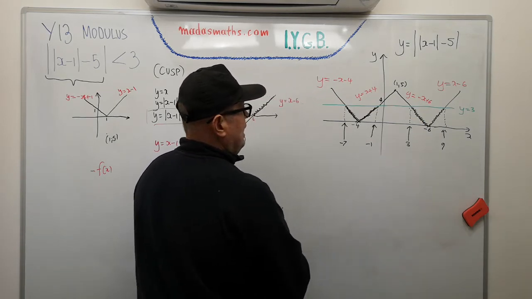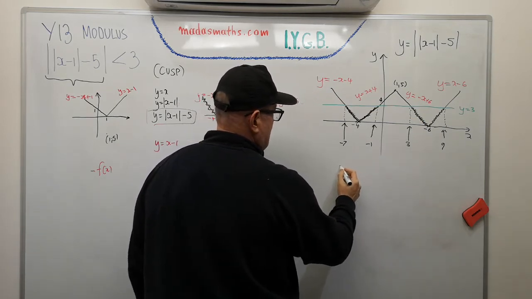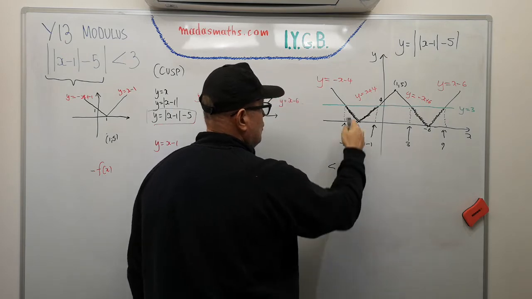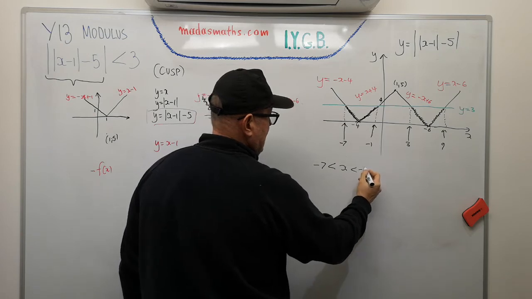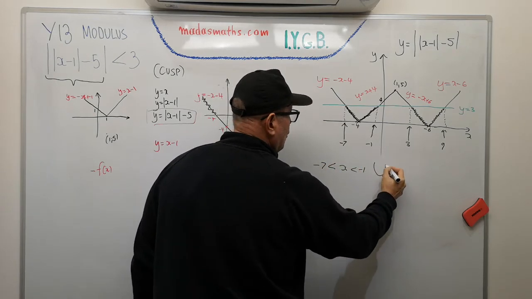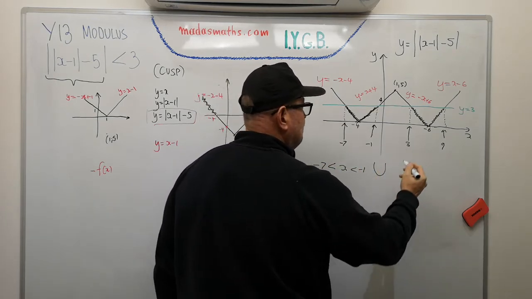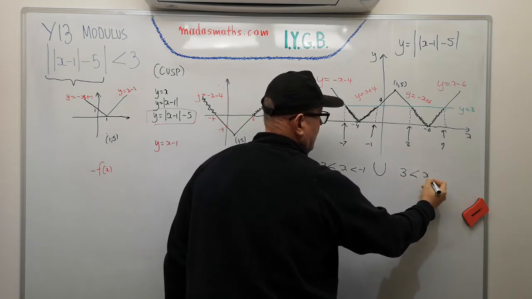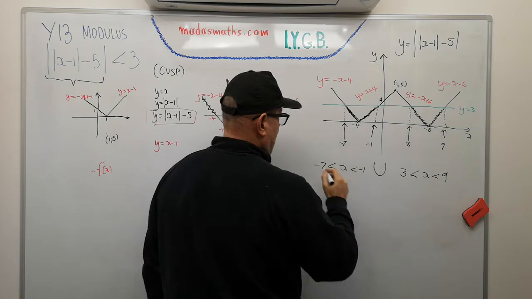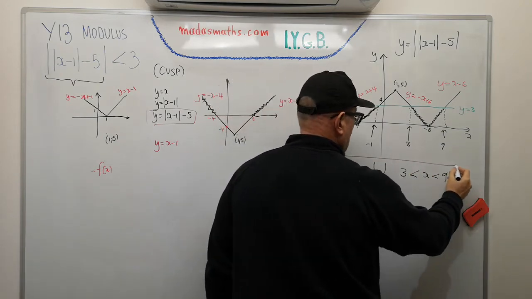The final answer is my x must lie, looking at this bit here, between negative 7 and negative 1, or, which you can write in words if you want, lies between 3 and 9. And this is my answer to this particular inequality.